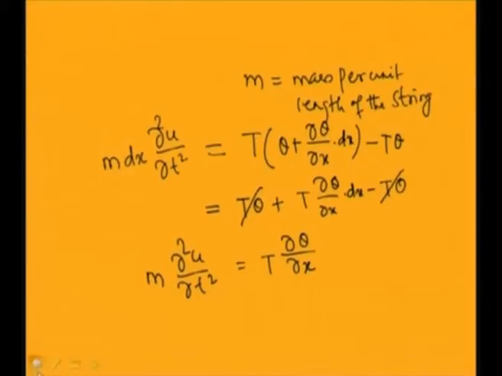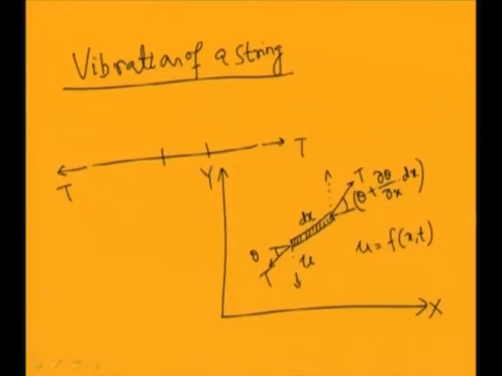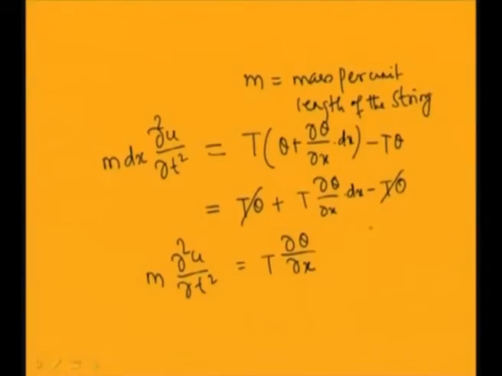But what is this? The slope at this point is nothing but the differential of the deflection at that point. So, deflection is u. So, the slope theta I can write as equal to del u by del x.